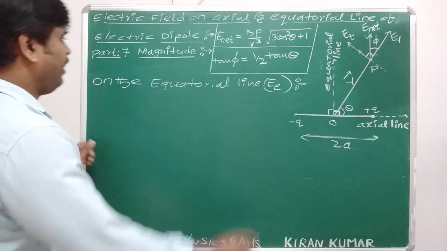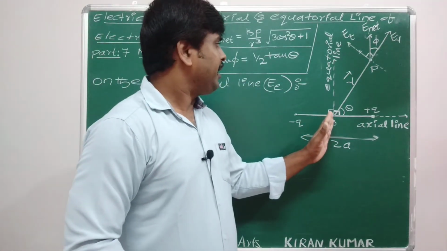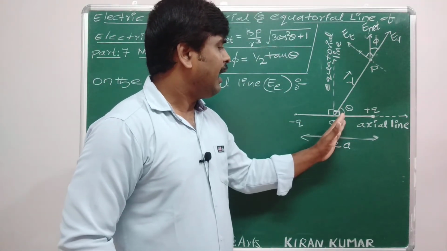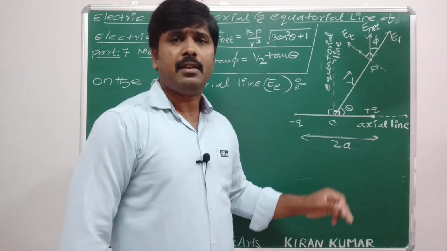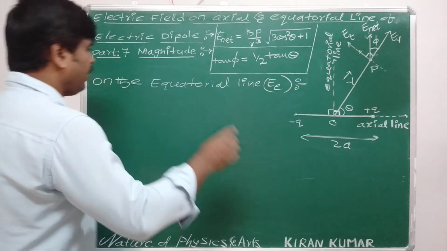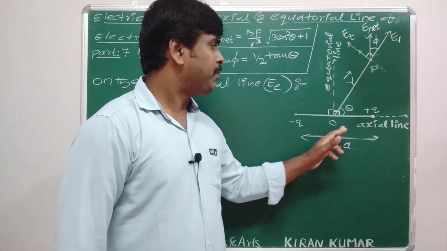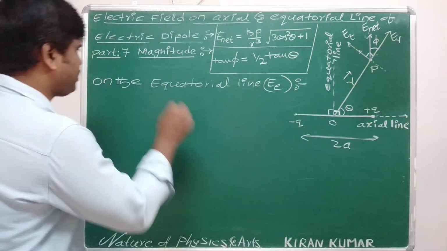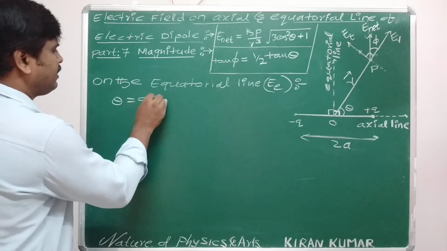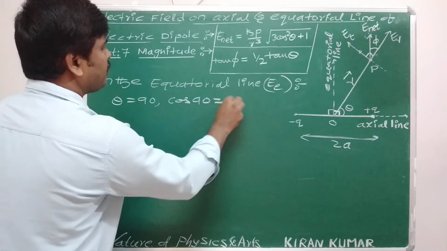Try to understand: the equatorial line is perpendicular to the electric dipole moment vector, so here theta must be 90 degrees. The equatorial line passes through the center of the dipole and is perpendicular to the axial line. Perpendicular is nothing but theta equal to 90 degrees, so cos 90 is equal to 0.